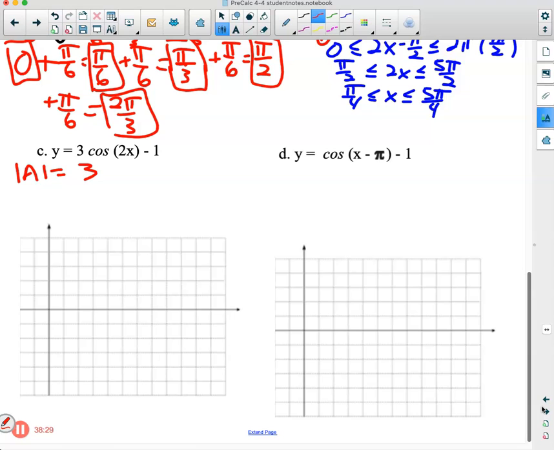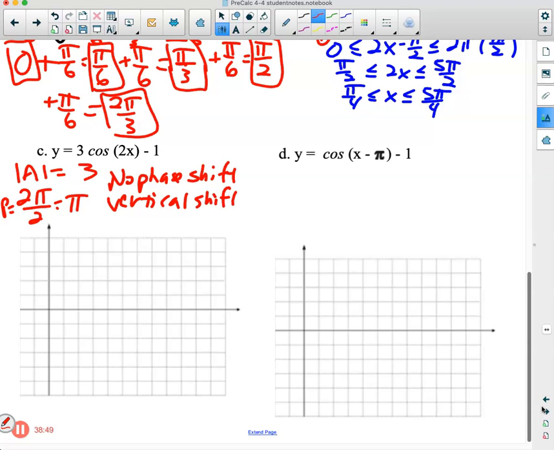All right, so our amplitude is 3. Period is going to be 2 pi over 2, which is a very lovely 1 pi, so nothing weird going on there. And we said there's no phase shift. The one thing I don't like is that this vertical shift ended up being the exact same one that we just did on the last one.